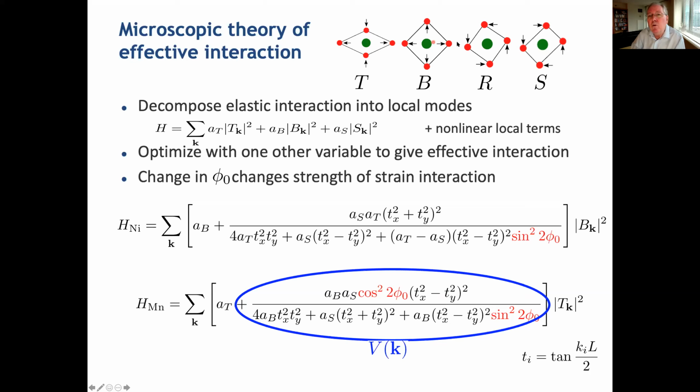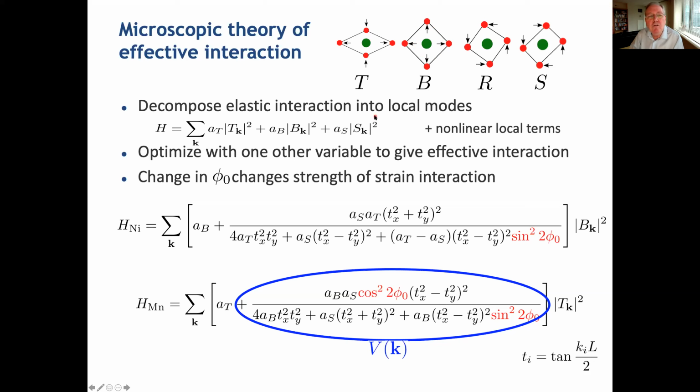These four local modes overdetermine the positions of the oxygens, so they're not independent, and you have to decide which one of these you want to focus on. So for example, for manganese, it's this one. For the nickelates, which actually have a volume changing transition, it's really this one.